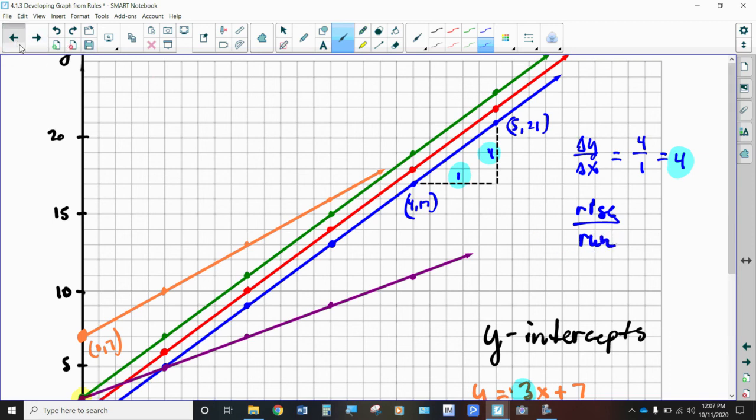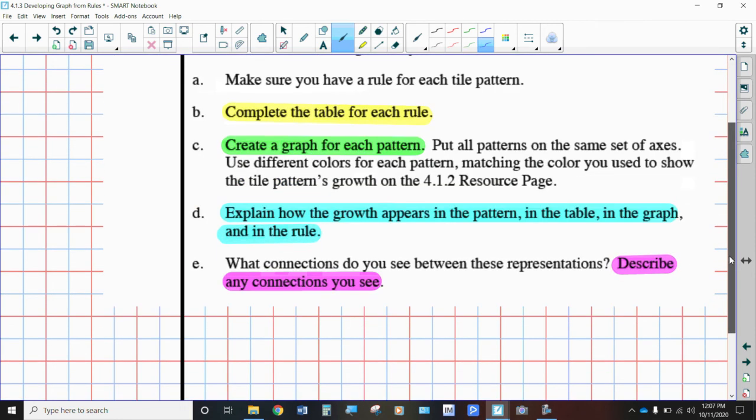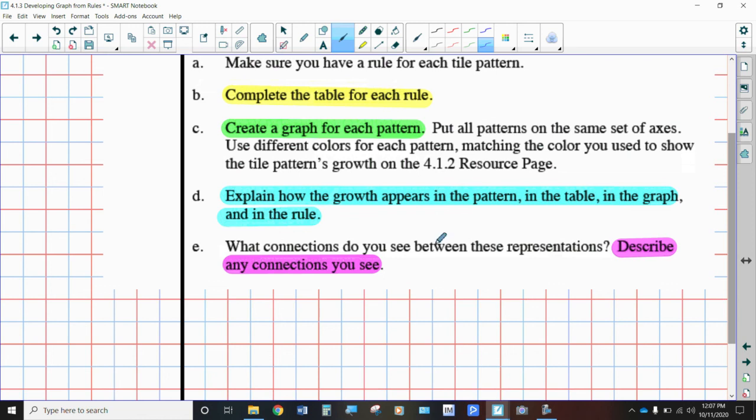Okay, so let's make sure we got everything. What connections do you see between these representations to explain how the growth appears in the pattern, in the table, and in the graph? It would be good for you to write out just a bit of a statement there of how you see growth appearing in each one of those representations, okay?